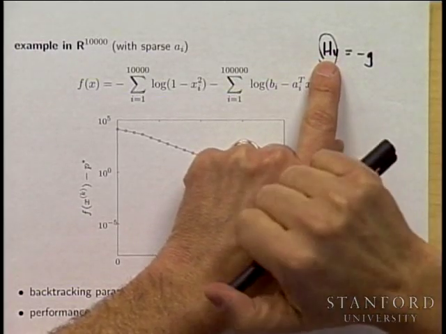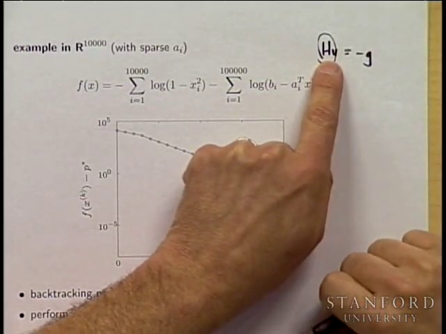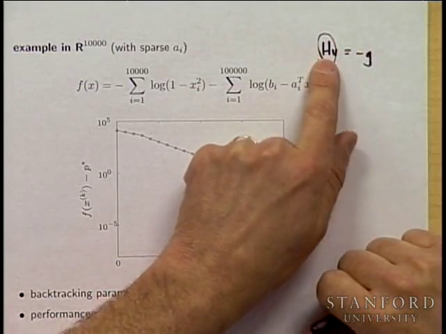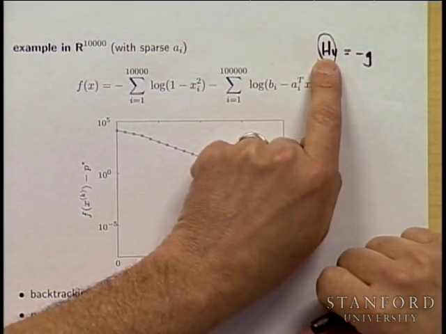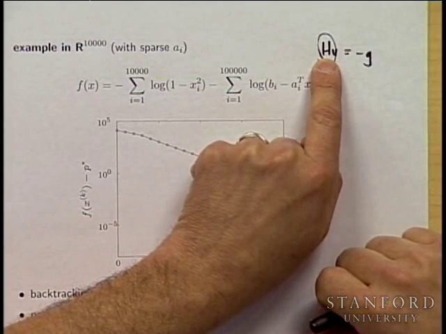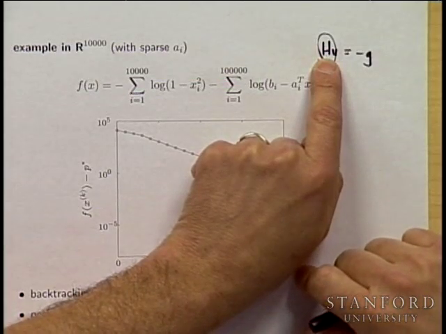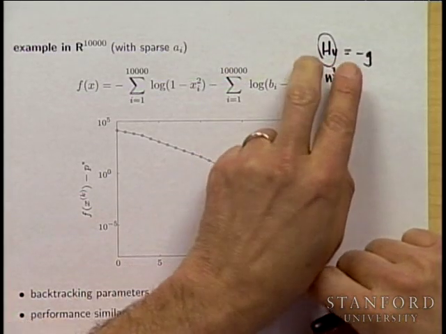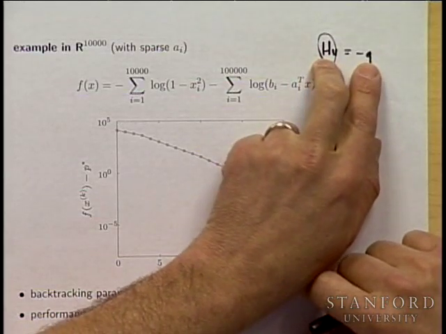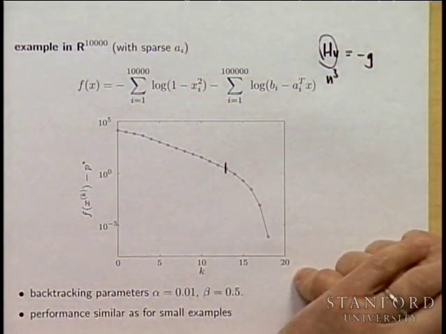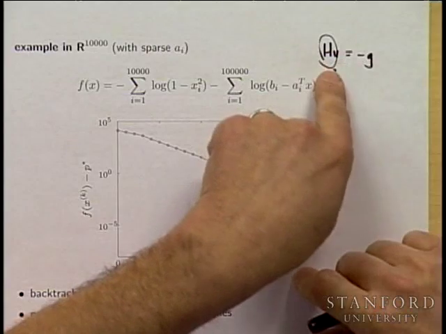So I have a couple of comments about it. The first is this, in terms of the cost of Newton's method. If you don't know how to solve linear equations, and I'm sorry to report that many, many people do not, then they overestimate what it costs to solve Hv equals minus g.